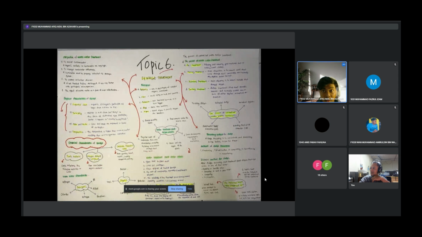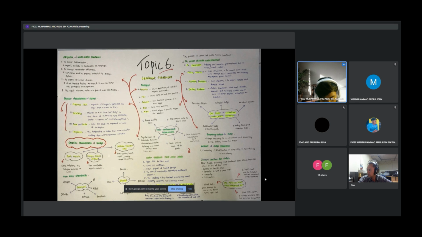Okay, kemudian kita ke topik 6 iaitu sewage treatment. Pertama kita ada characteristic of sewage. Yang ada 3 iaitu physical, chemical and biological. For the design criteria for treatment plan, design criteria for domestic sewage treatment plan, the principle of preliminary and primary wastewater treatment.